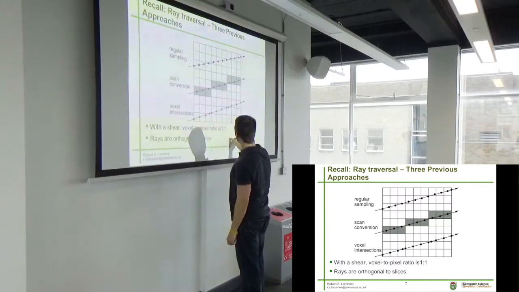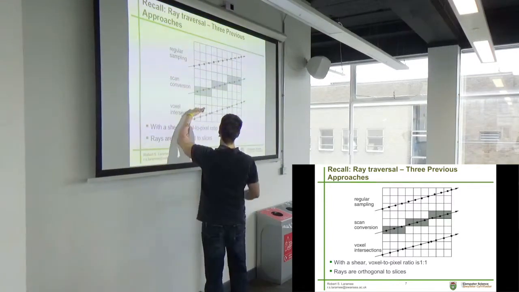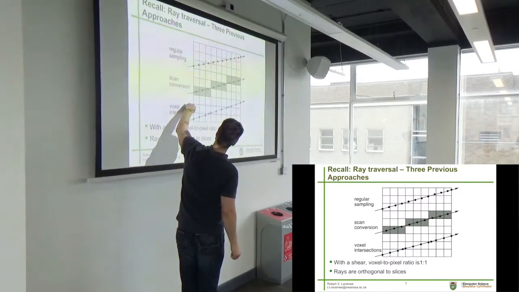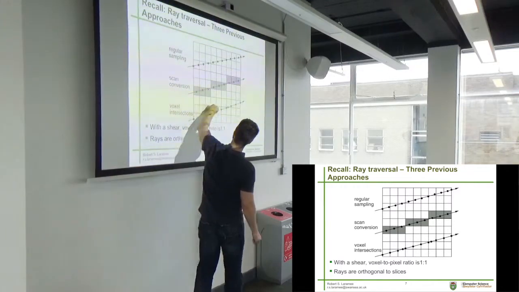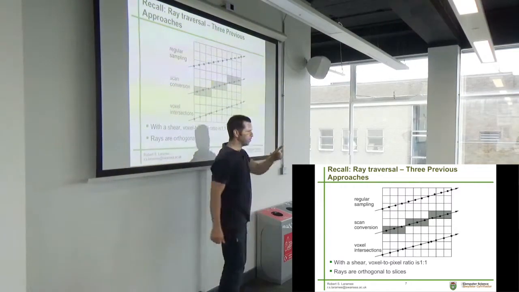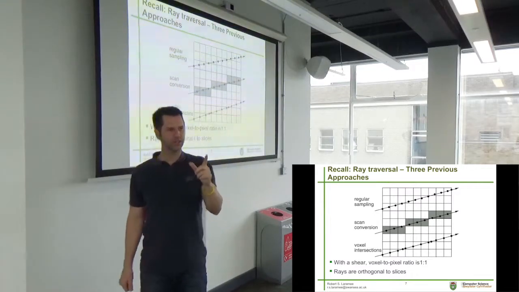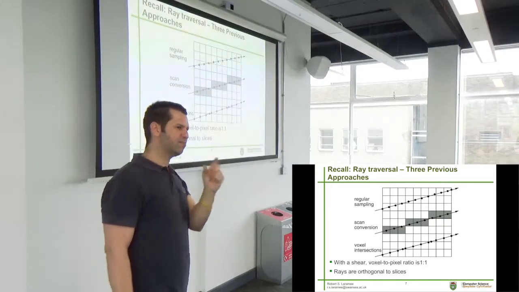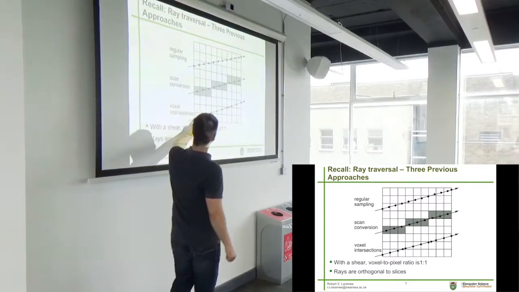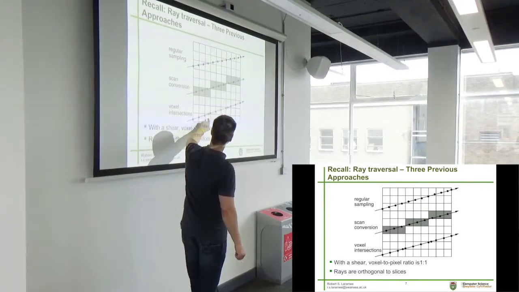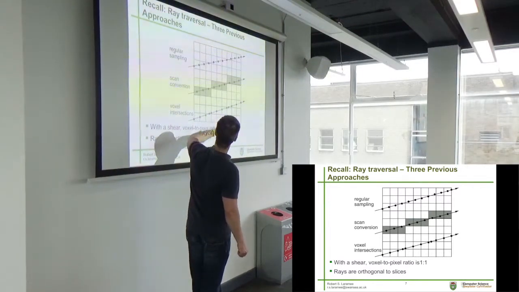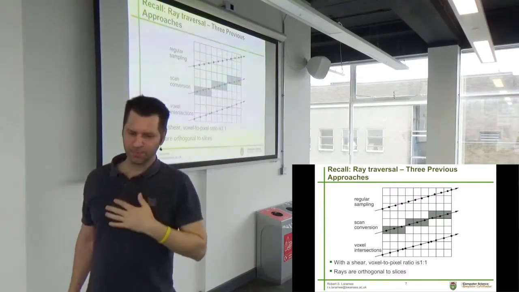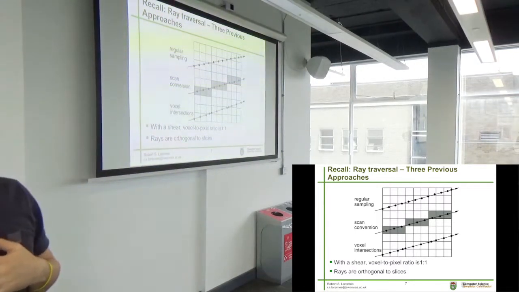Since it's horizontal, it just hits the edges of the voxels and always does one sample per edge, and it's uniform. So it gets the benefits of the voxel intersections without the extra samples, and it gets uniform sampling at the same time. That's the idea.